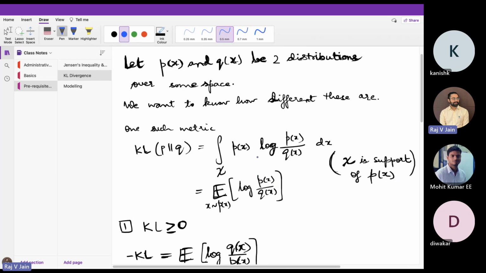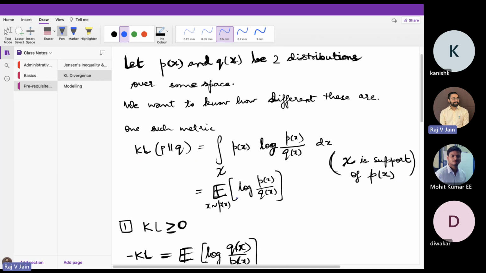So this can be seen as the expectation of a function of a random variable. X is a random variable here. The function is log P of x by Q of x. And if I take the expectation of this function with respect to x, that is the KL divergence.